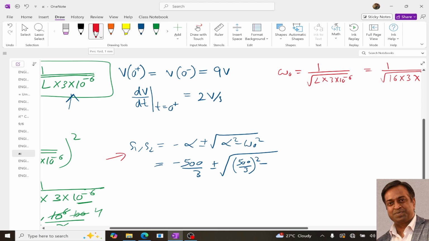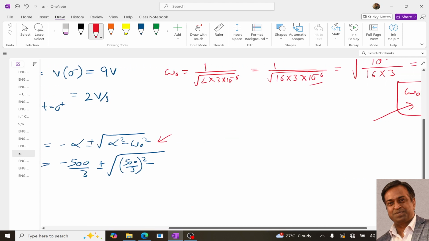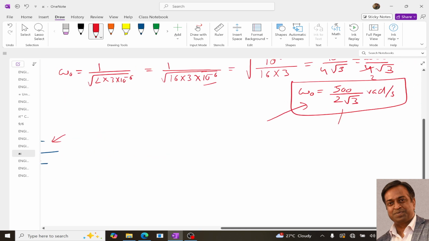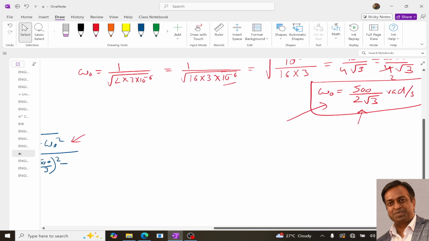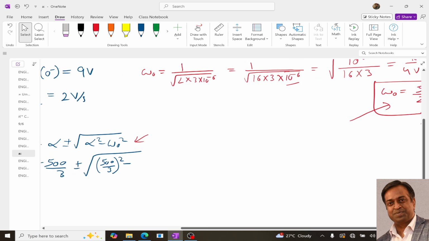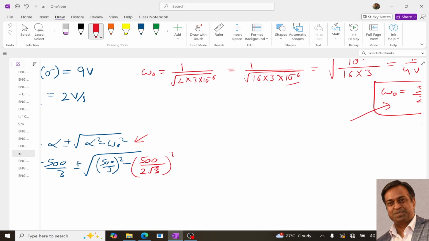So substituting the value of omega naught, you can see that alpha is 500 by 3. That is the reason that for omega naught also I kept the value as 500 in the numerator. So omega naught is 500 upon 2 root 3 square.